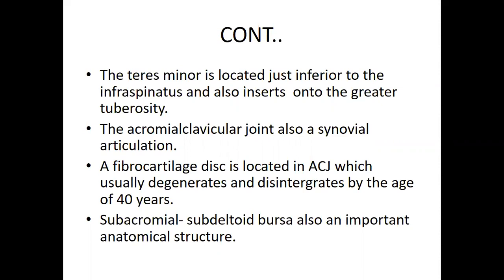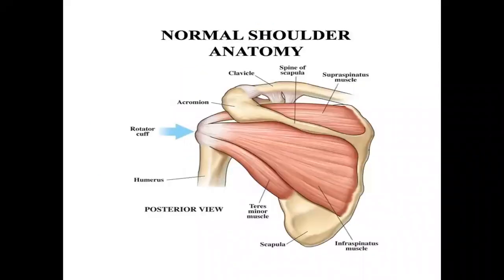The subacromial subdeltoid bursa also is an important anatomical structure in shoulder ultrasound. In cases of bursitis or fluid or cysts, it plays a very important role when it comes to assessment and evaluation of the shoulder. But technically, this is the posterior view of the shoulder joint.